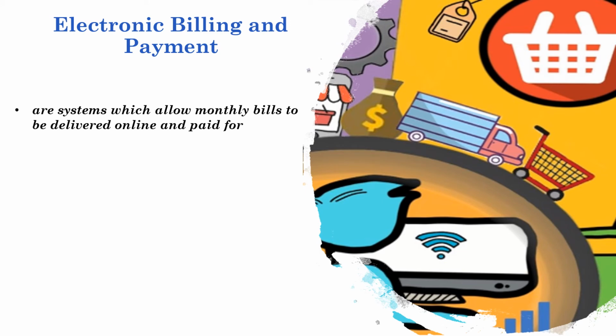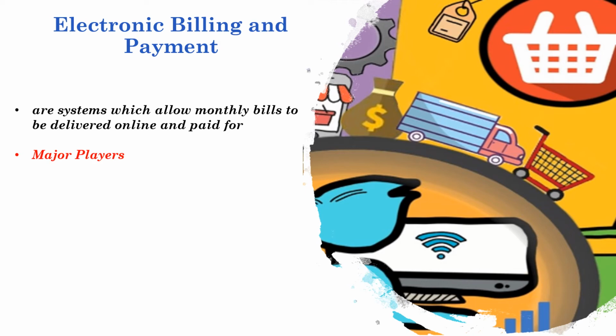Electronic billing and payments. These are systems which allow monthly bills to be delivered online and paid for. Electronic billing and payment services enable consumers to display bills remotely and pay by transfer from bank or credit card accounts through electronic funds.